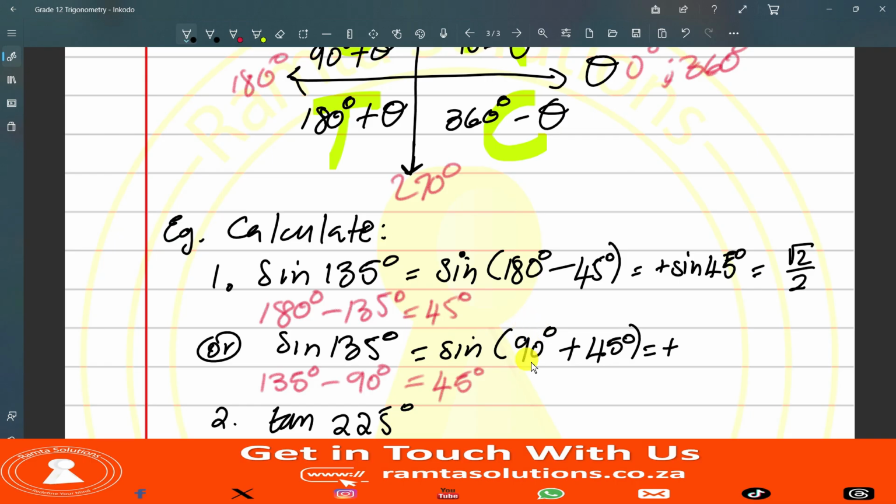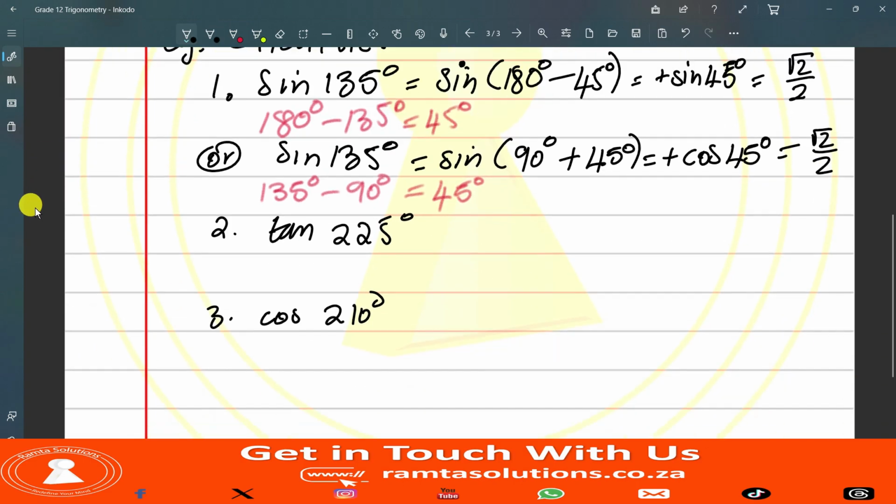It's 90. If it's 90, the ratio must change. It will now become cosine. So it becomes cos. You drop the 90 and use the acute angle. What is cos 45? It is still root 2 over 2. Happy? Perfect.